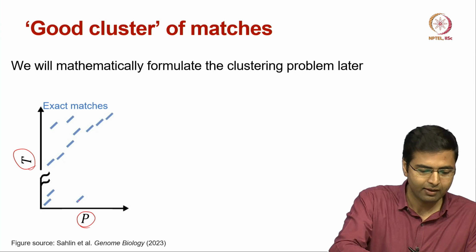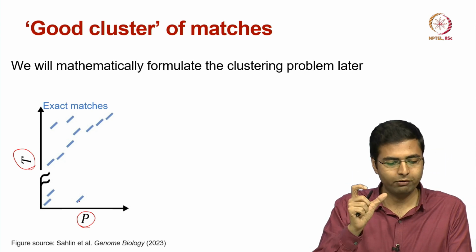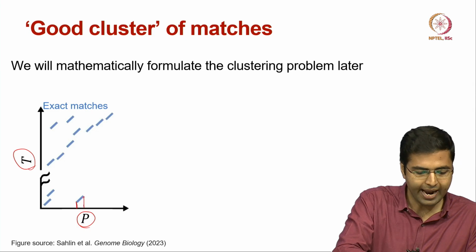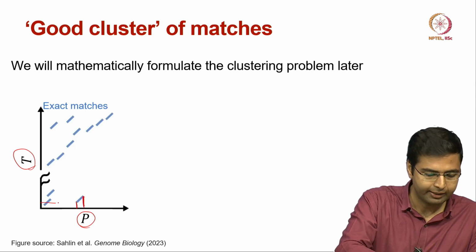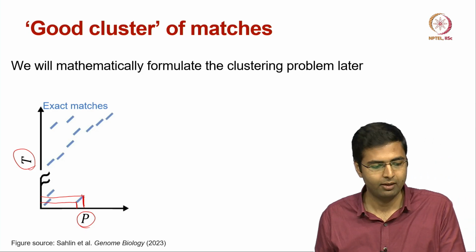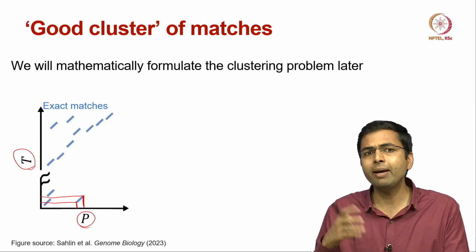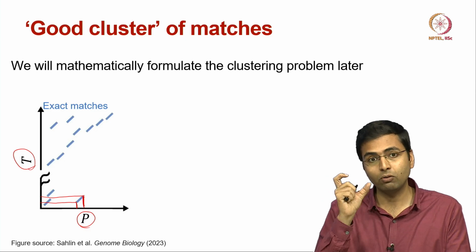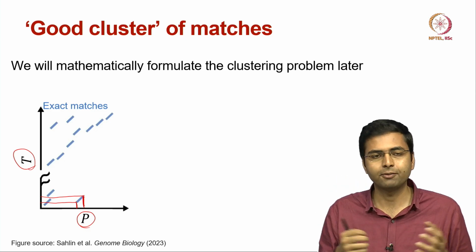I am denoting these exact matches with these blue line segments. So, for example, this exact match conveys that there is an exact match between pattern and text, and you can imagine that there will be many exact matches, some because there is a good alignment and some by chance.